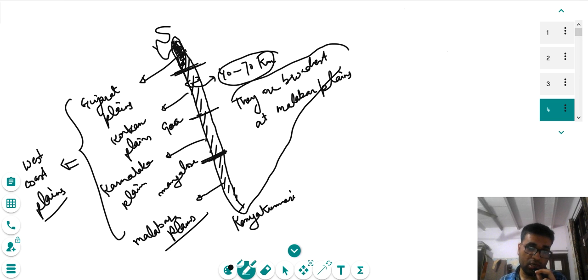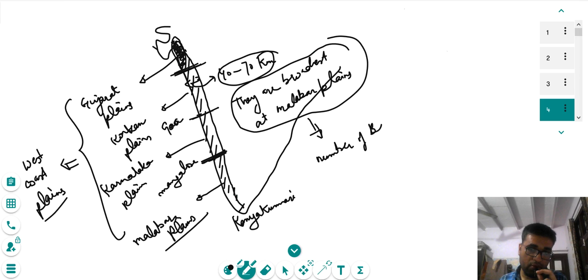So if anyone asks which among these three plains is the broadest one, Malabar is the broadest plain, and the Malabar plain has a number of backwaters, and these backwaters in Kerala are called kayals.